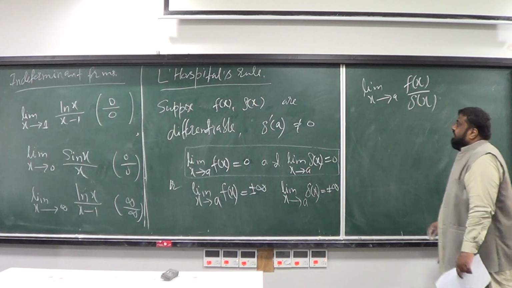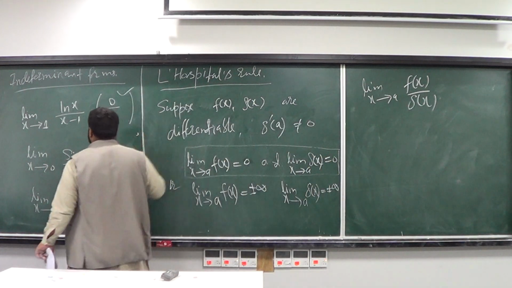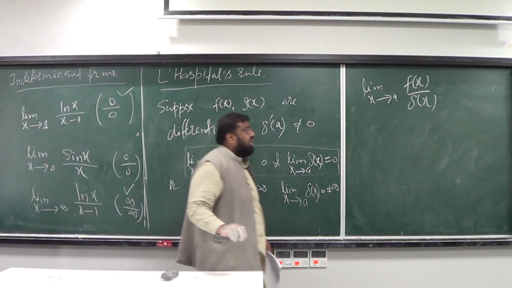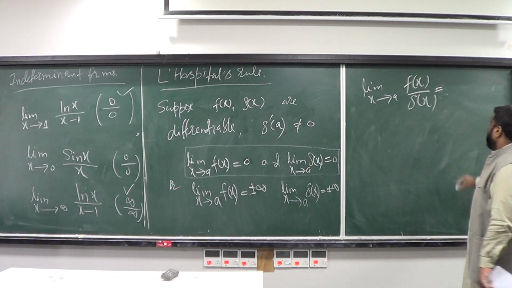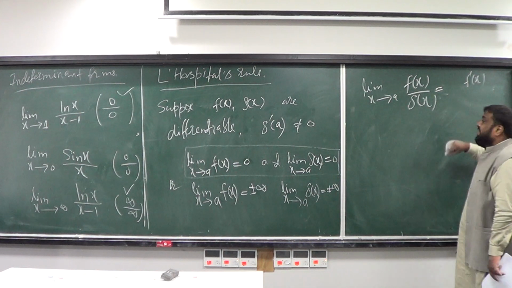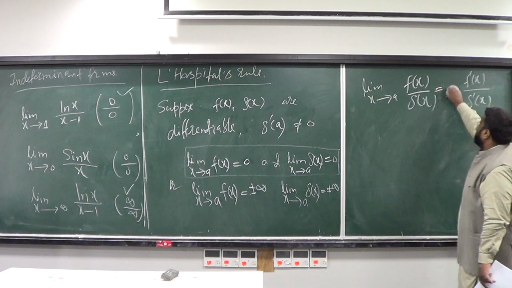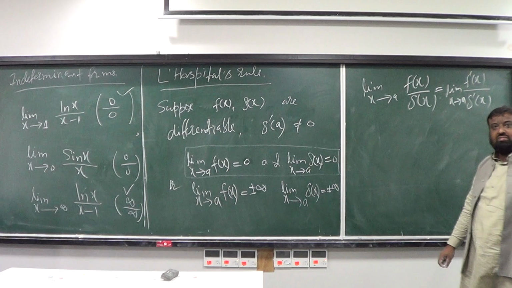So if you have a 0 by 0 form in a given limit, or an infinity by infinity form in a given limit, then you can compute this limit by doing what? Calculate the derivative of the denominator, calculate the derivative of the numerator, and compute the limit. Both limits would be equal.